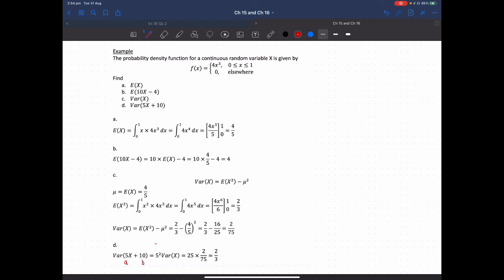So the formula, a squared times the variance of X, a was 5, so we have 5 squared times the variance of X. The variance of X we worked out in part C to be 2/75. 5 squared is 25, so 25 times 2/75 gives us 2/3.